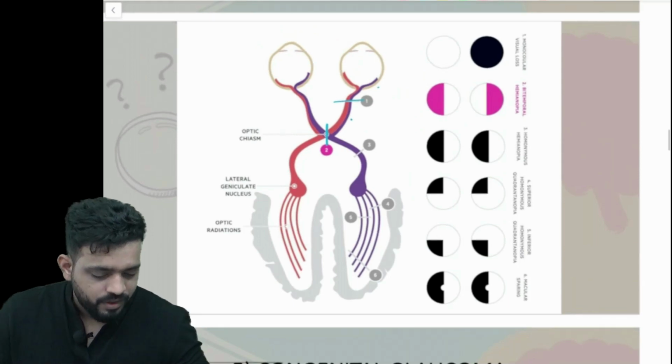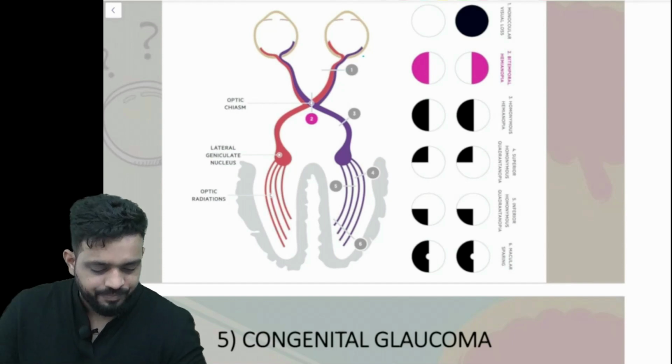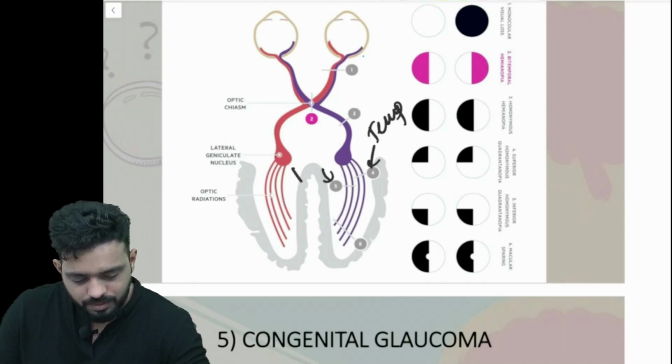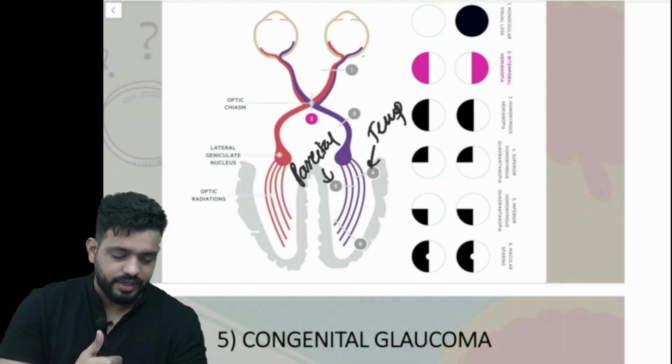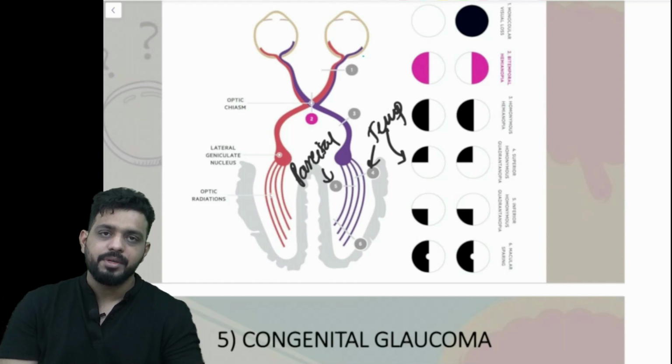Fine. So beyond the lateral geniculate body, what is happening is optic radiations. These go through the temporal lobe, and part of them go through the parietal lobe. So if the temporal lobe optic radiations are affected, what we get is superior homonymous quadrantanopia.